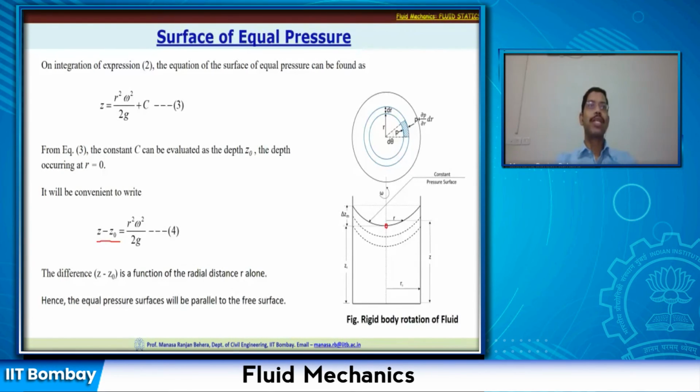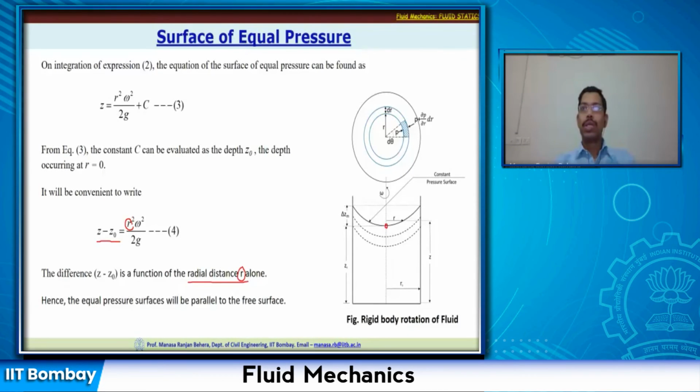So the difference z minus z0 is a function of the radial distance r alone. Okay. So we can find out if there is a difference of z minus z0, then it is going to be r, which is going to play the role, and omega is known, and you can divide by 2g. So hence the equal pressure surface will be parallel to the surface.